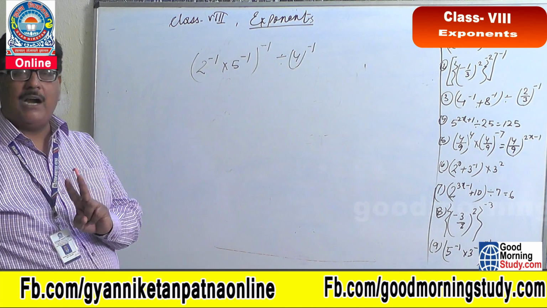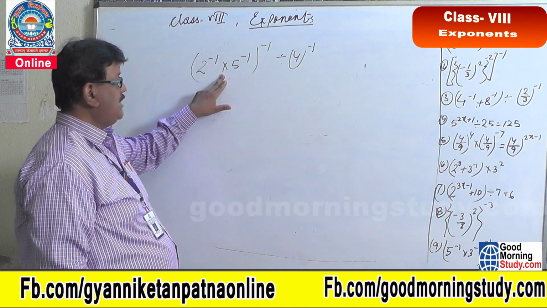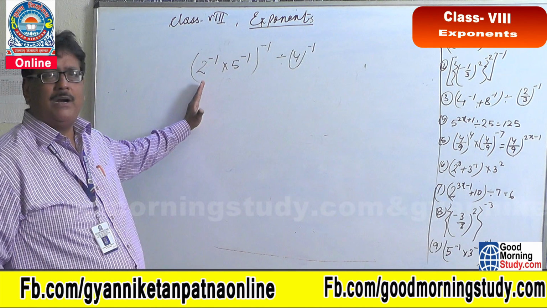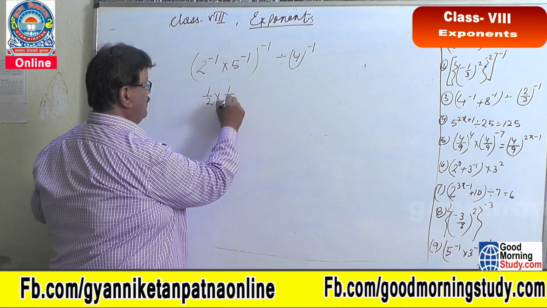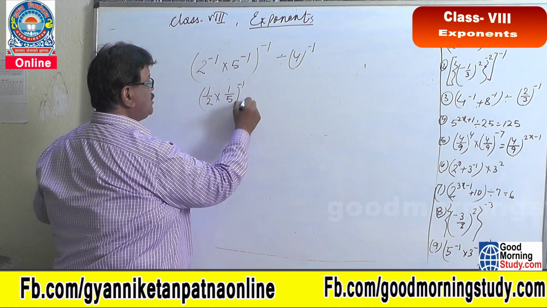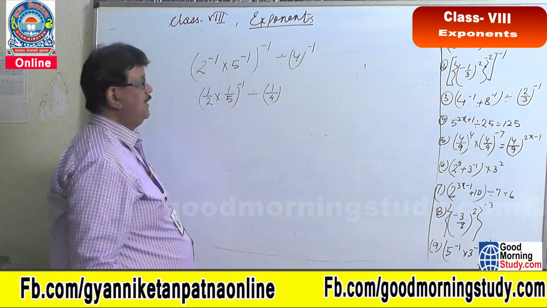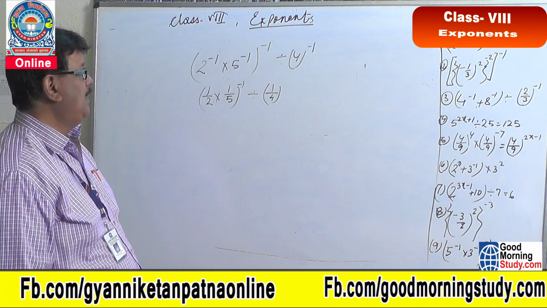Here two properties are used at the same time, multiplication and division. Reciprocal of a number is written as (1 by 2 into 1 by 5) raised to the power minus 1 divided by 1 by 4.